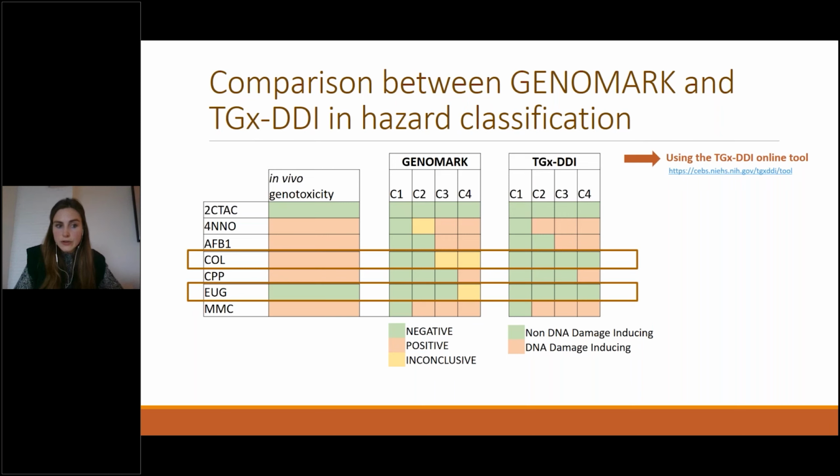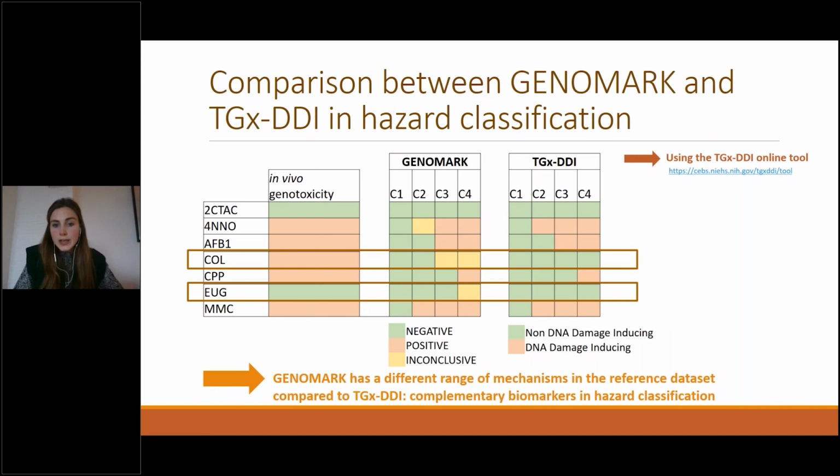So here we see, for example, that both biomarkers can be used complementary, since TGx-DDI has another type of reference data set compared to GENOMARK. So, for example, aneugens in their biomarker are picked up in the reference data set as non-DNA damage inducing, and therefore it would be expected that it's classified as non-DNA damage inducing, while in GENOMARK aneugens are in the reference data set as genotoxicants.